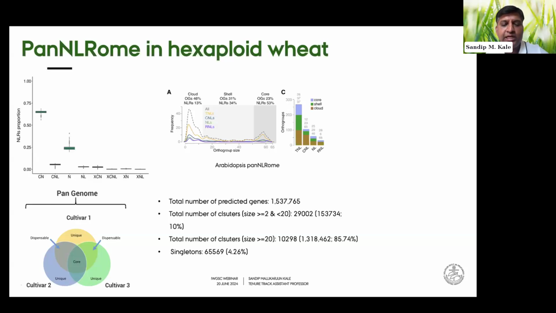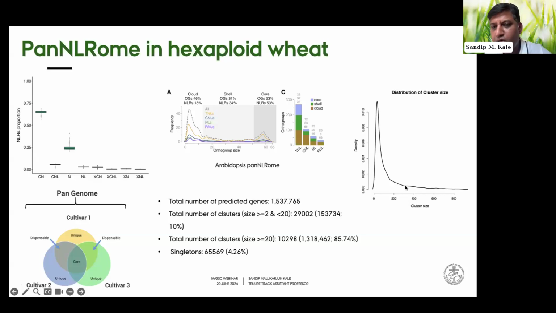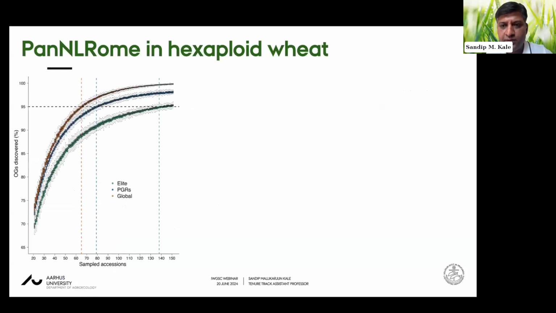So there were a total of 1.5 million NBS-LRRs identified from these 800 accessions, and then they were clustered into 10,000 different clusters. Unfortunately, we could not identify the core region. We could identify the cloud, but we could not identify the core. This may be because of the use of short read sequencing, which was not able to capture all the NBS-LRRs, or maybe these highly related NBS-LRRs may get collapsed during the assembly process.